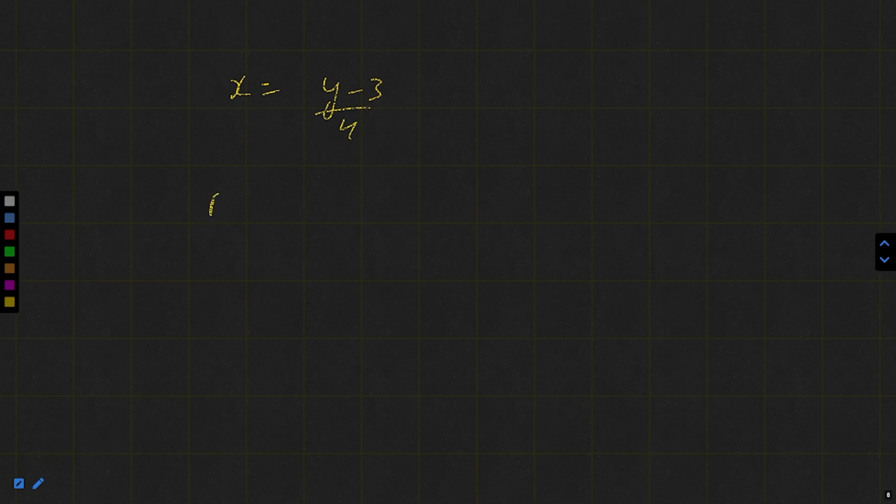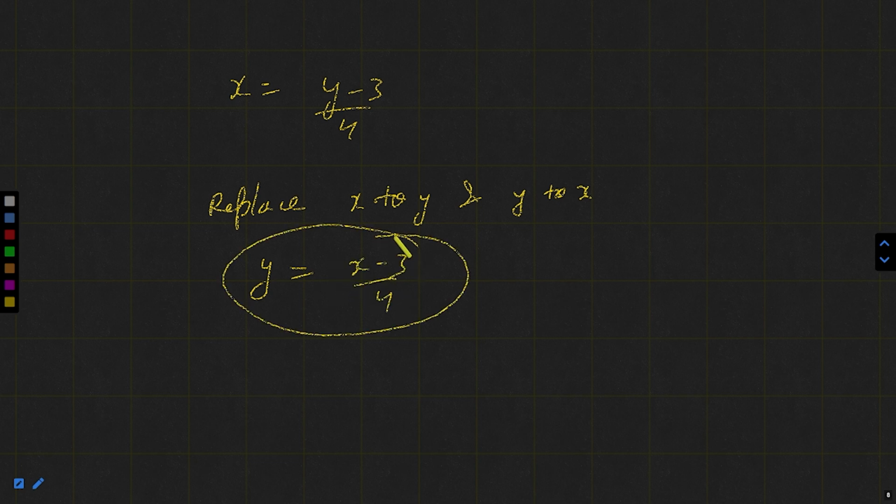This means just replace x with y and y with x, like this. Now just put y is equals to g(x), because it is inverse. So y is equals to f inverse of x, which is (x minus 3) by 4.